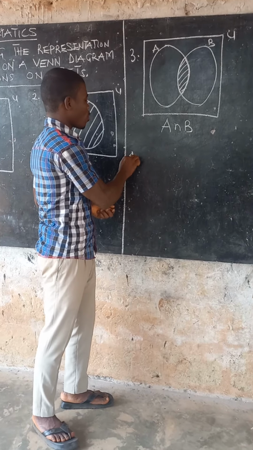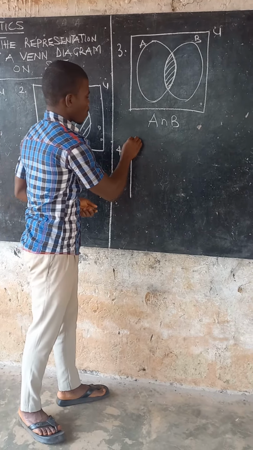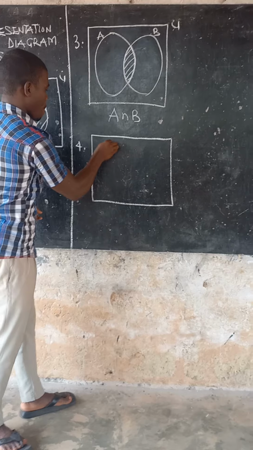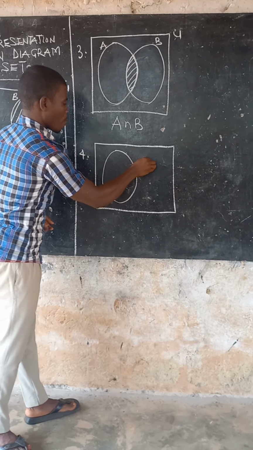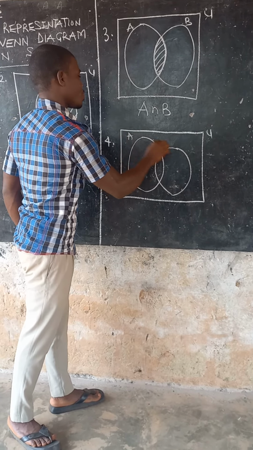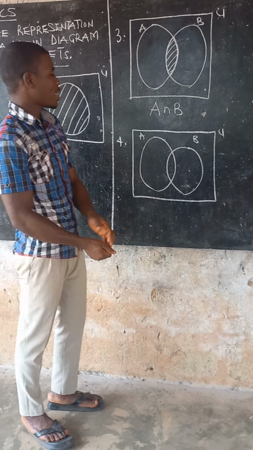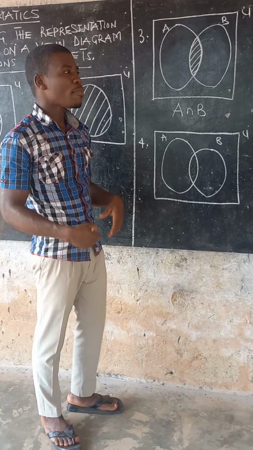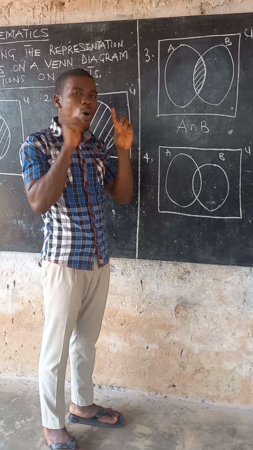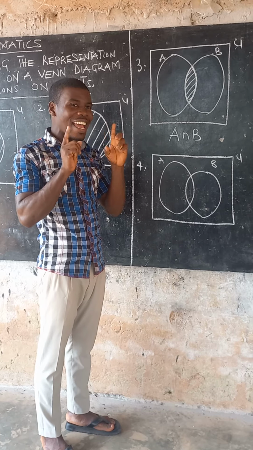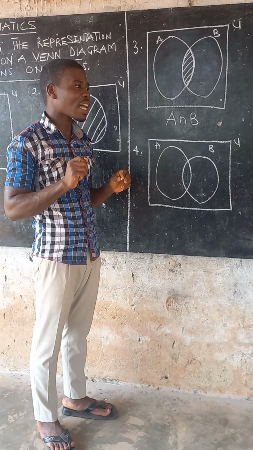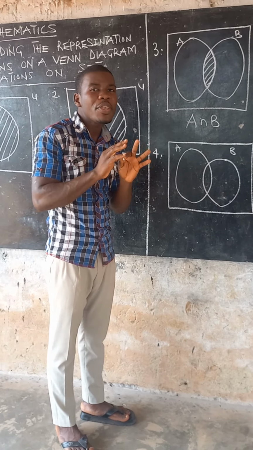Now let's look at four. Maybe when you are reading, the question asks you to find A only. If the question says A only, then it means find the portion where B is not part.